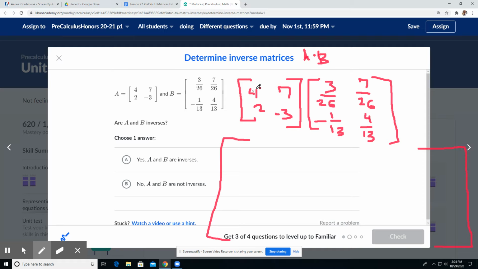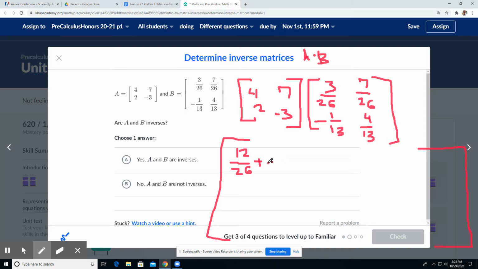So 4 times 3 over 26 is... I'm just going to do the multiplication in my head. When you're multiplying a number times a fraction, it multiplies to the top of the fraction. So 4 times 3 over 26 is 12 over 26, plus 7 times -1 over 13.